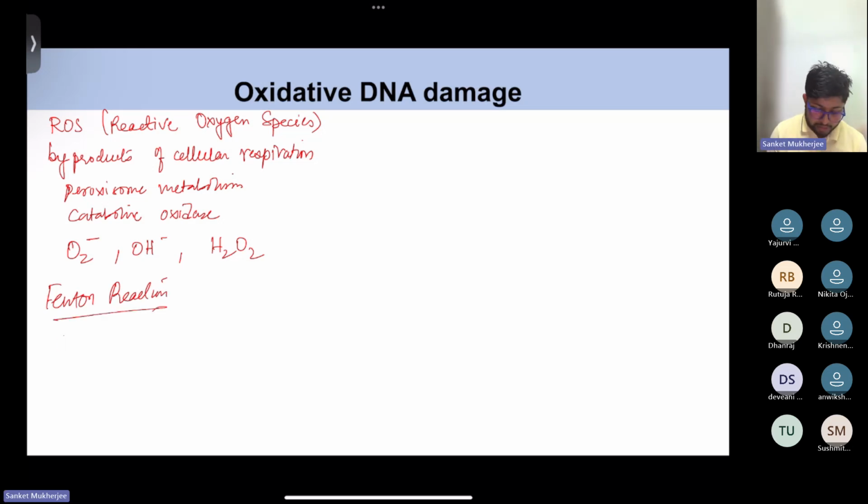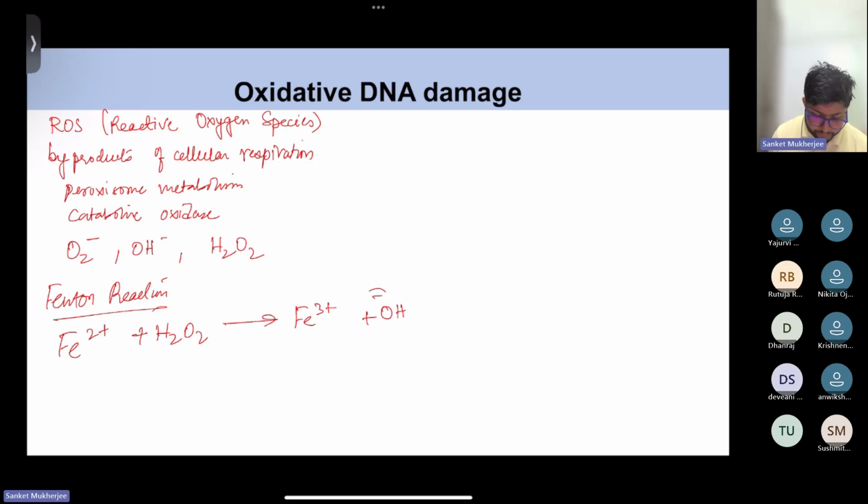Let's say there are various enzyme clusters in very basic processes like glycolysis, which have iron as a major element. So Fe2 plus, Fe3 plus is present. In the presence of hydrogen peroxide, it forms Fe3 plus and it generates a hydroxyl radical. This hydroxyl radical is damaging to the DNA bases.